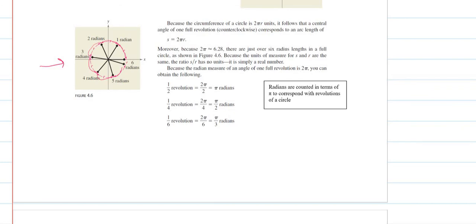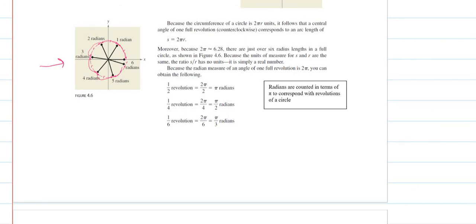Because the units of measure for s and r are the same, the ratio s over r has no units. It's just a real number. And because the radian measure of an angle of 1 full revolution is 2 pi, you can come up with the following.